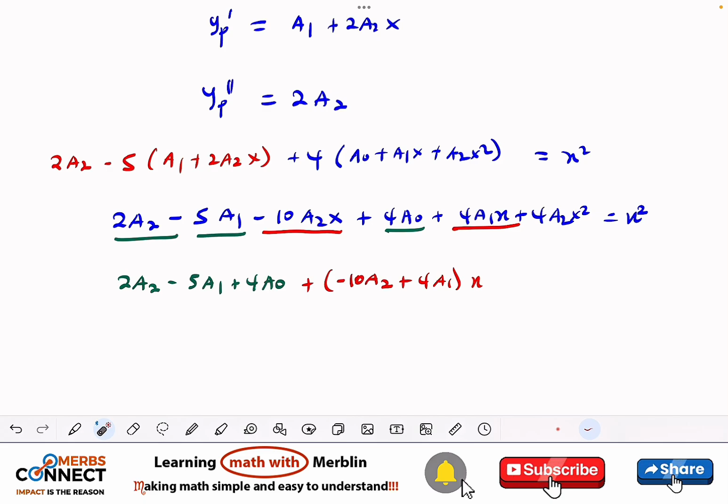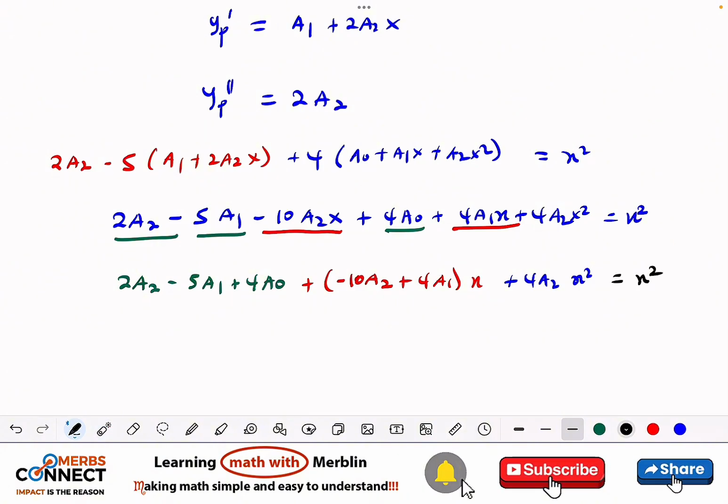So the one with the red, minus 10a2 is here, and then 4a1 is also here, with the x outside. And then the last term is the one with the x squared, which is plus 4a2, equal to x squared. So we are going to compare terms.